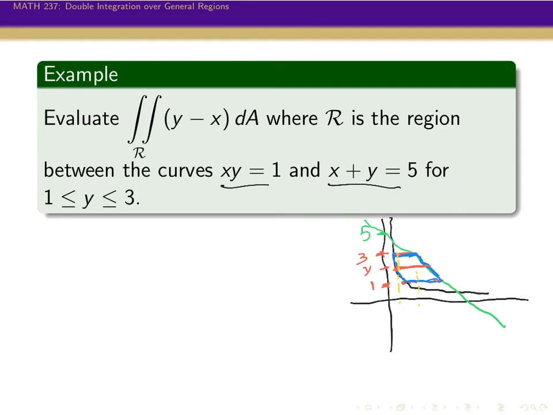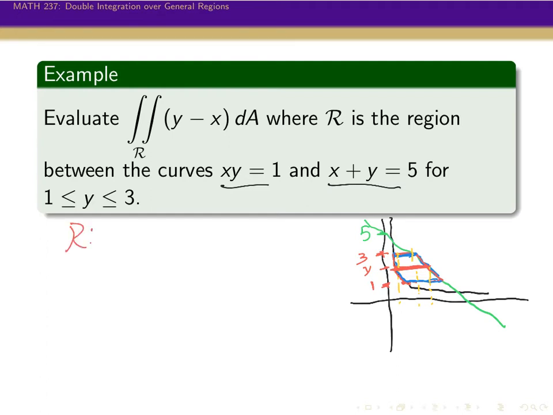Sometimes I hit a horizontal line and then another horizontal line. Sometimes I hit a horizontal line and then I leave on the slanted line. So there's not one function that's always above and one function that's always below. There is always one function that's to the left and one function that's to the right for any y value. And so that's what's telling us that this is a type 2 region.